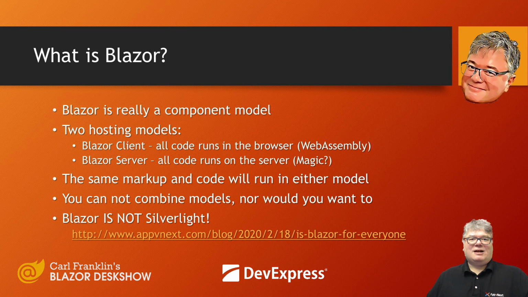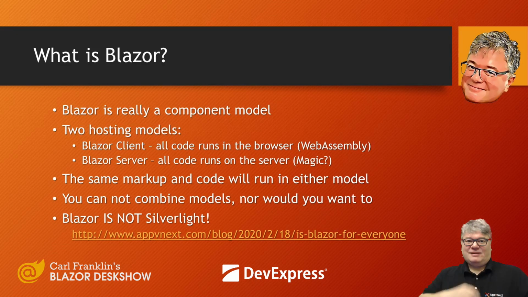All right, so we're going to talk about the component model. There are two hosting models. In other words, there are two types of projects that you can create. One is a WebAssembly Blazor project where all the code runs in the browser, what you would typically think of as Blazor. And the other is a server-side model, where all the same code runs on the server.